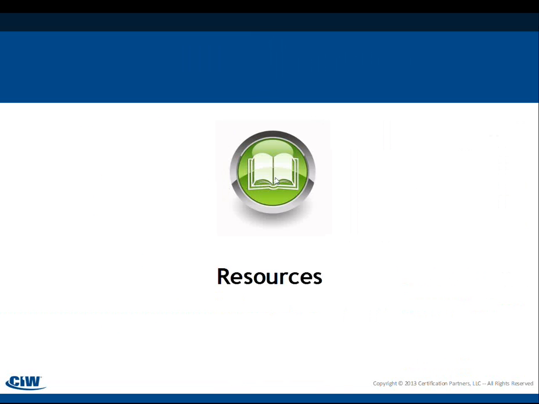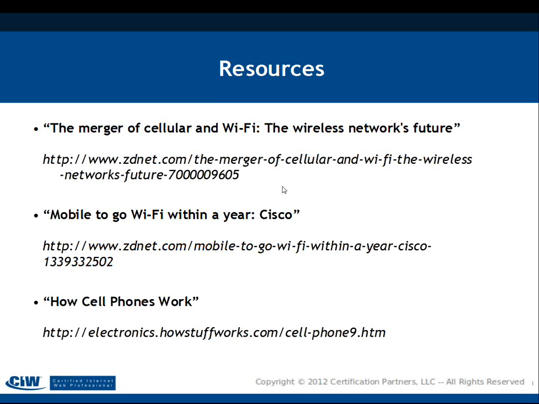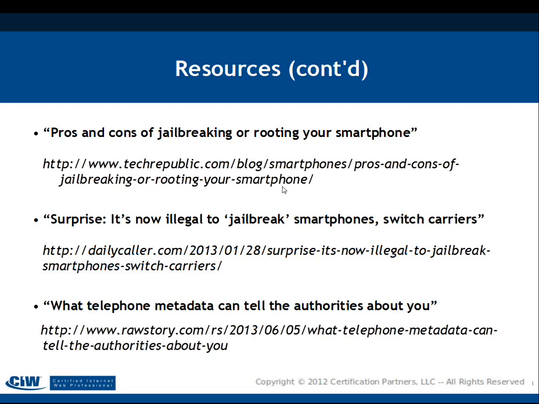I've collected a few resources together, talking about cellular and Wi-Fi, and how, for example, Cisco seems to be saying that mobile phones are going to be using Wi-Fi in much more creative ways, and talking about how cell phones work, the pros and cons of jailbreaking your phone, and that's a good Tech Republic article that will get you started about the types of software that you can use for your phone and the types of groups that are out there, pretty reputable groups.